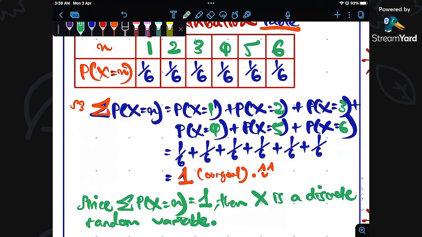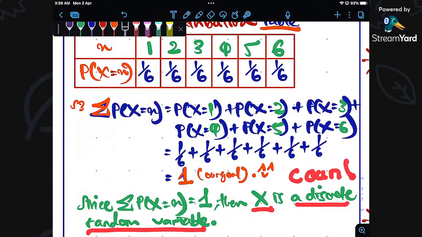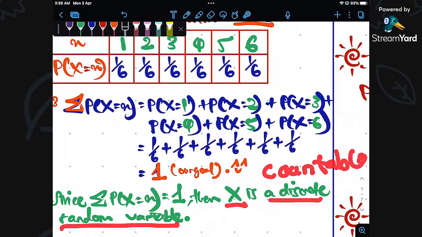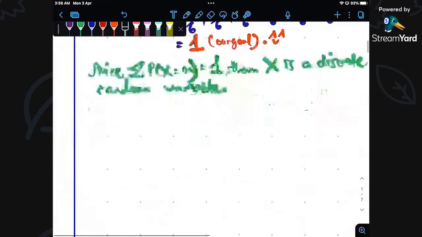That is what we want, because the total probability is always equal to 1. Discrete means it can be countable. That's why it is logical to us. Let's go to example 2.